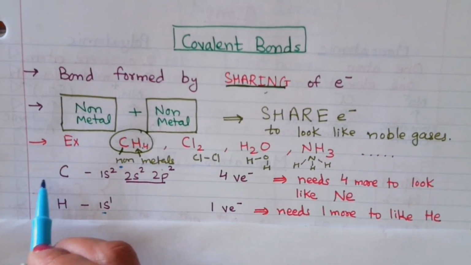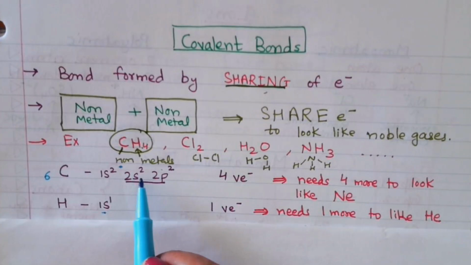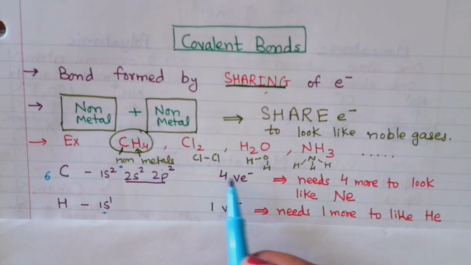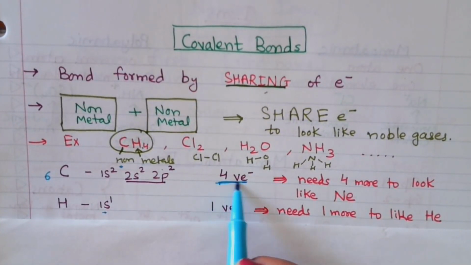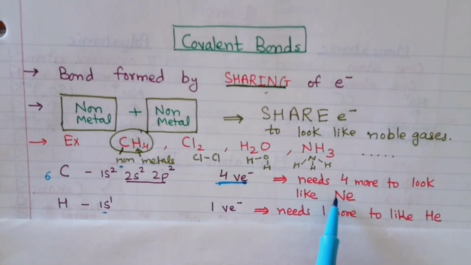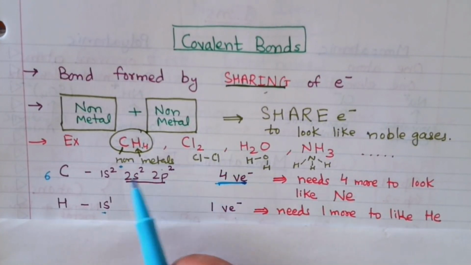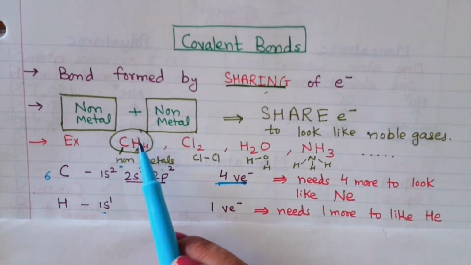Carbon has 6 electrons, right? So the configuration is 1s2, 2s2, 2p2, and carbon has 4 valence electrons, right? So in order to look like neon, it needs 4 more. Now there's no one to give 4 electrons to carbon, because carbon is, say, surrounded by hydrogen only, right?